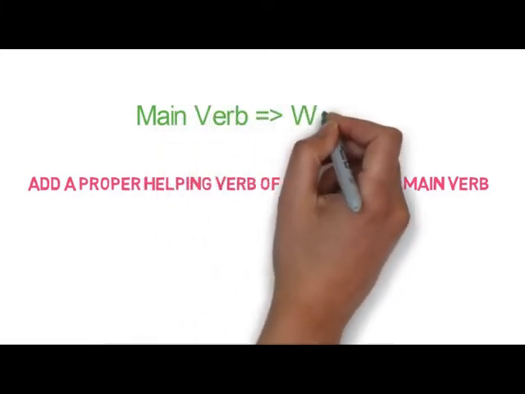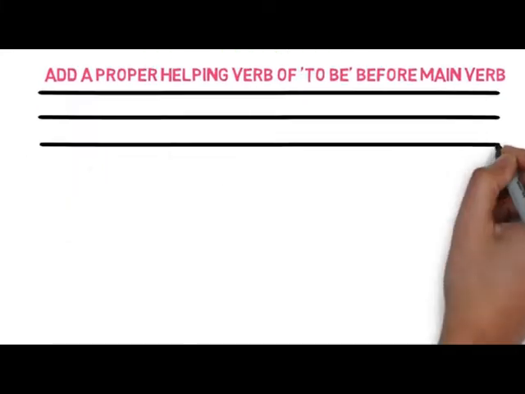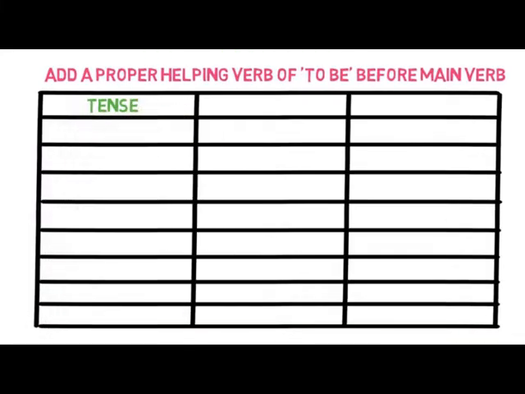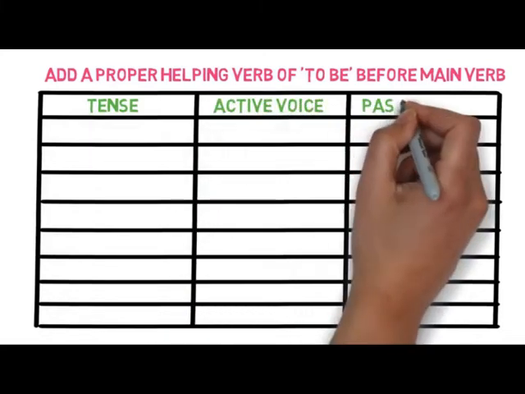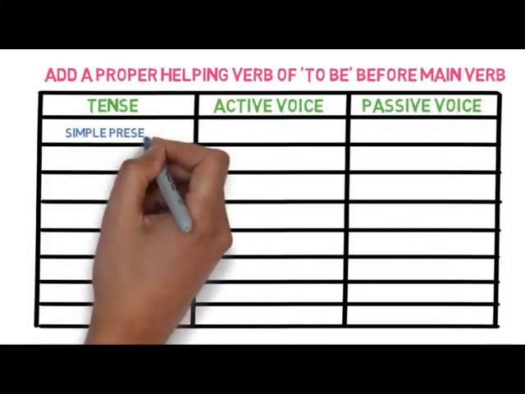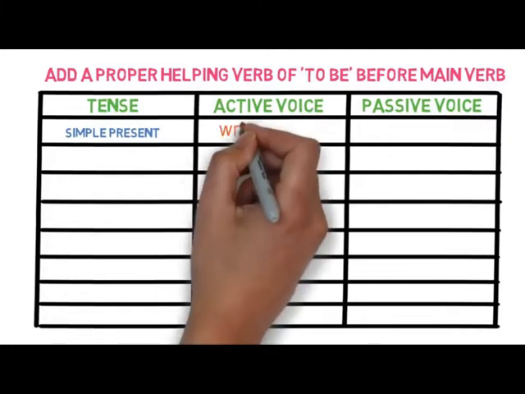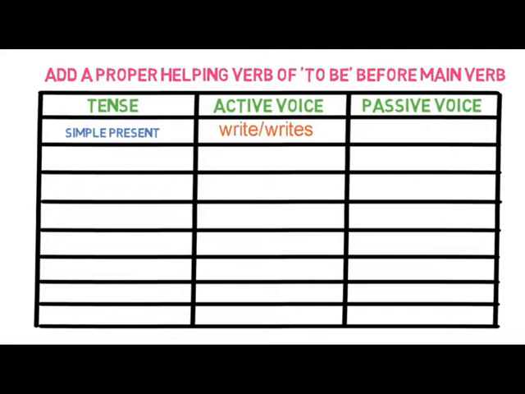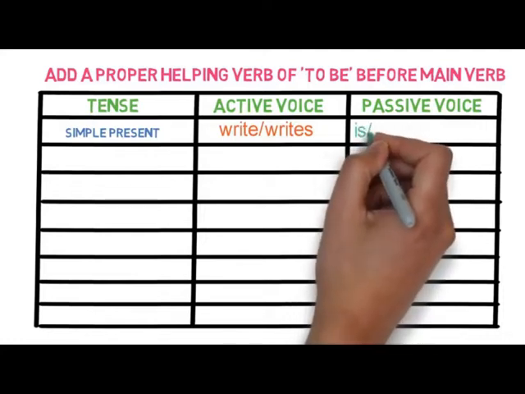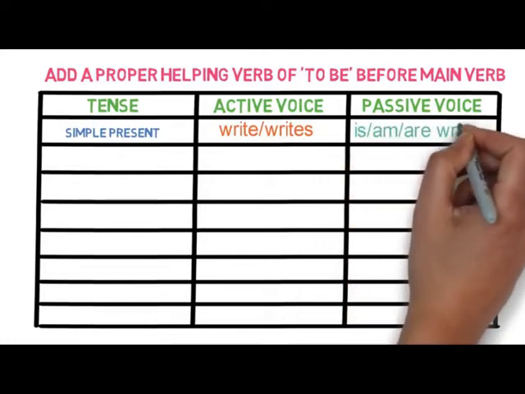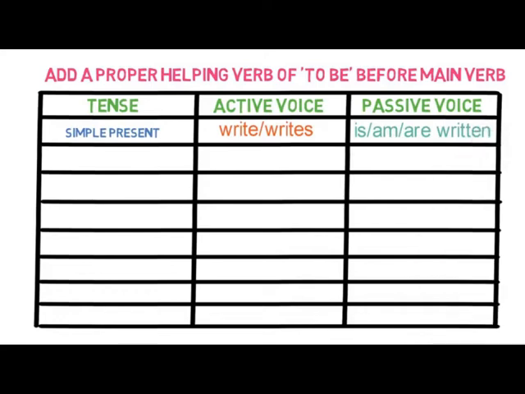So let's see here the verb write as an example, and we will start with the simple present tense. In the active voice, write or writes. If we change it to passive voice, we have to use verb to be, is or am or are, then we add the third conjugation of the verb, it's written.